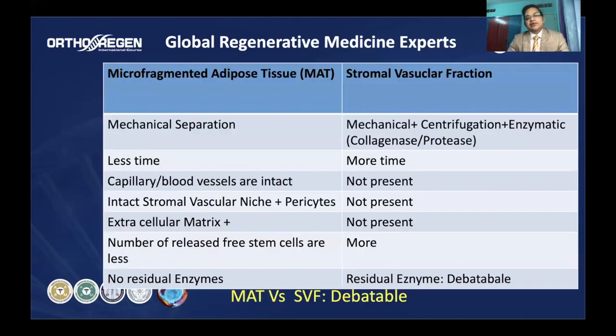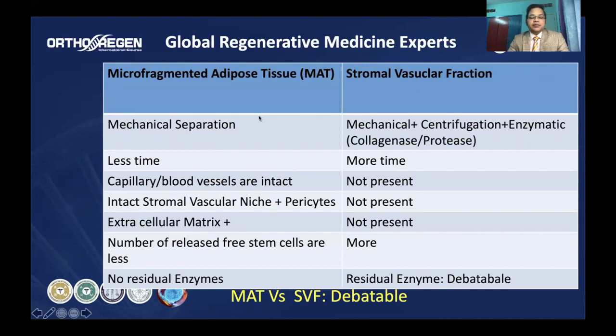Now we will discuss microfragmented adipose tissue and the stromal vascular fraction, which are the two other adipose derived regenerative treatments. If you compare microfragmented adipose tissue, MAT, with SVF, it is debatable. Basically, the idea is that MAT is minimal manipulation, but SVF is more than minimal manipulation, and the FDA even considers it a drug.